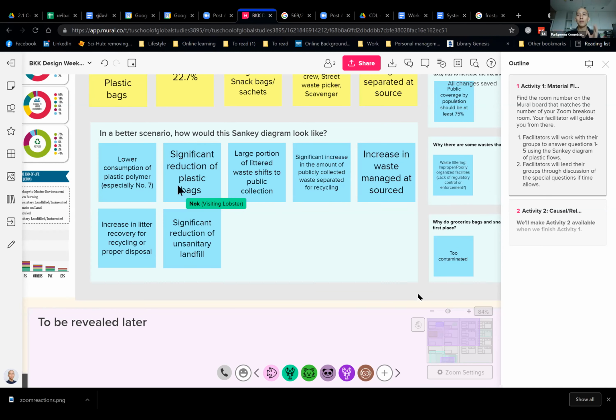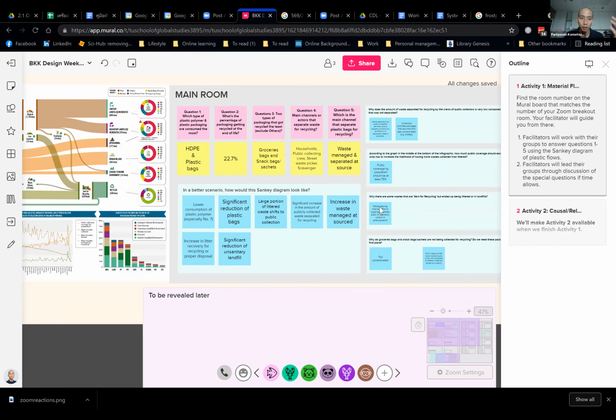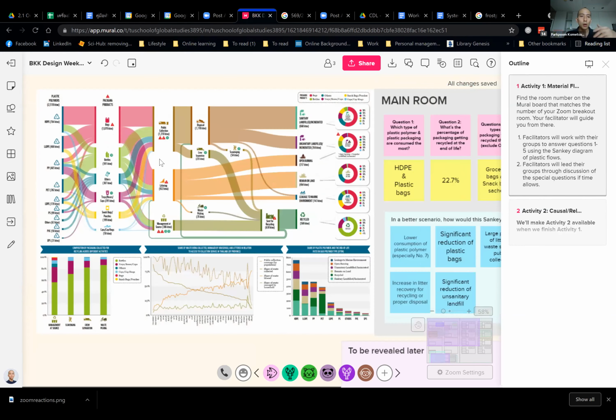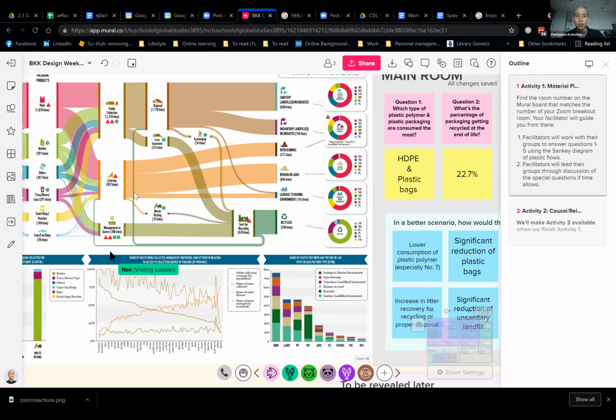But the idea is letting everyone discuss, in a better scenario, how would this Sankey diagram look to you in a better version? Let's say the flow of litter waste from the source of littering will be decreased, but then where would it divert to? Should it divert to public collection or to management at source?